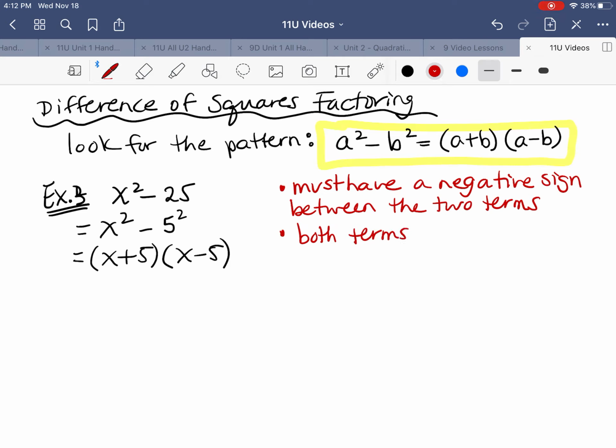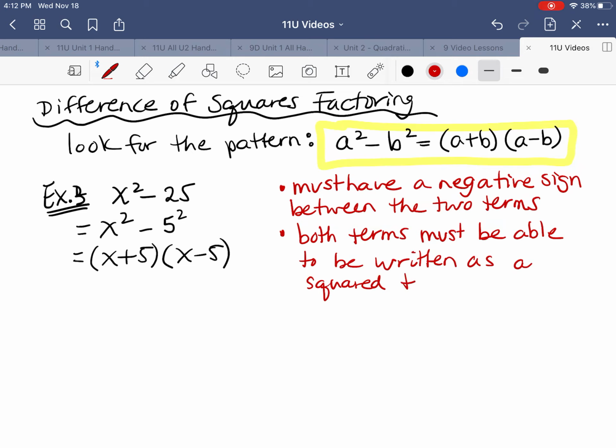And both terms, I already said this, must be able to be written as something squared, as a squared term. I'm going to put term there because we could have a number, we could have a variable, we could have a combination.